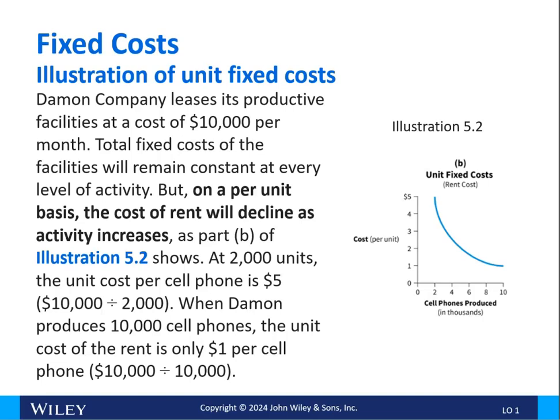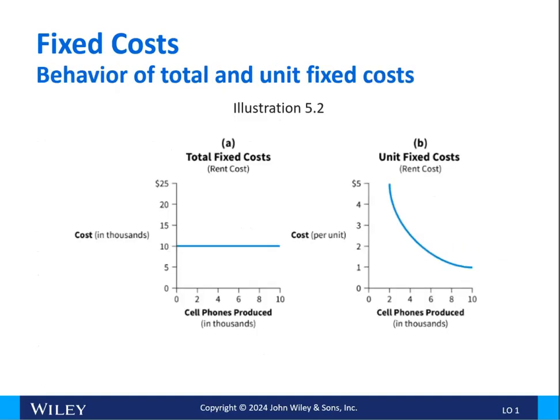The $10,000 again in rent divided by the 10,000 units produced. So our cost per unit decreases as our activity increases. And here's the two graphs again, side by side. Total costs remain flat over the level of production, but the cost per unit decreases as we increase production units.